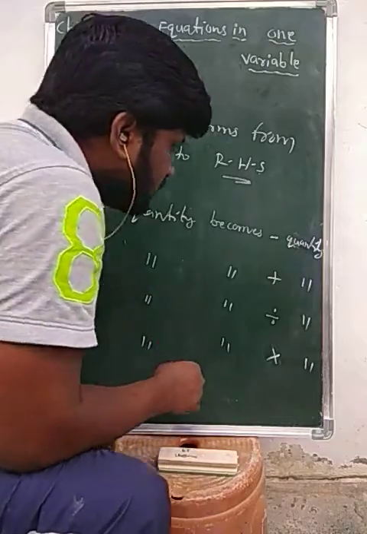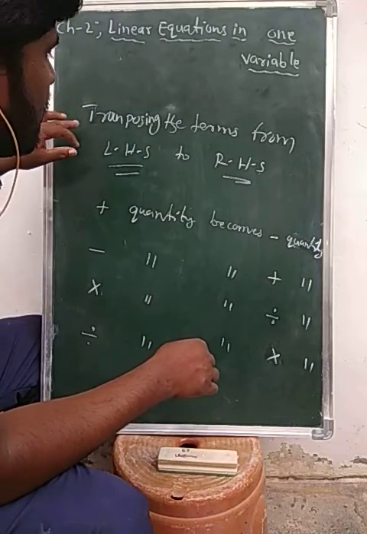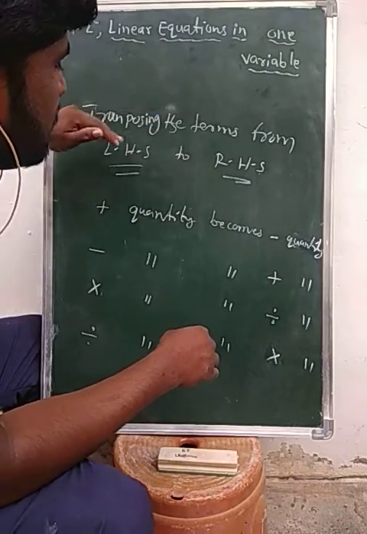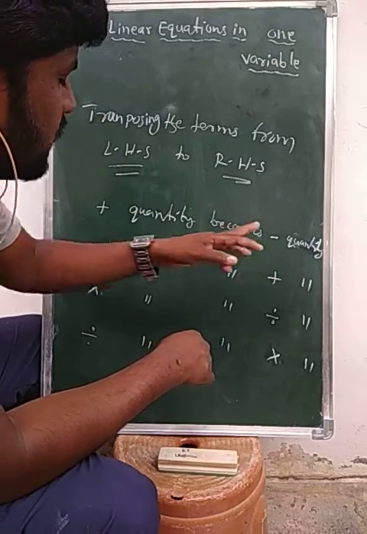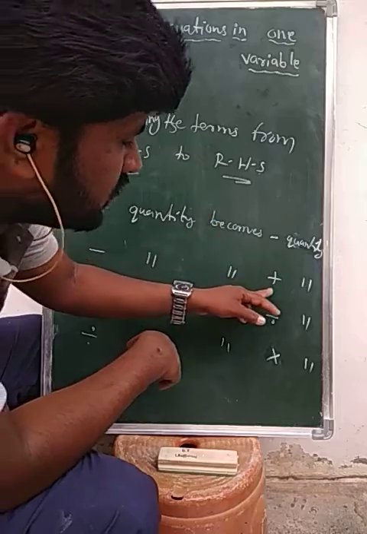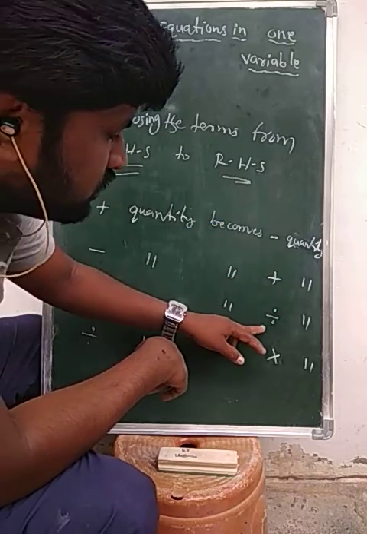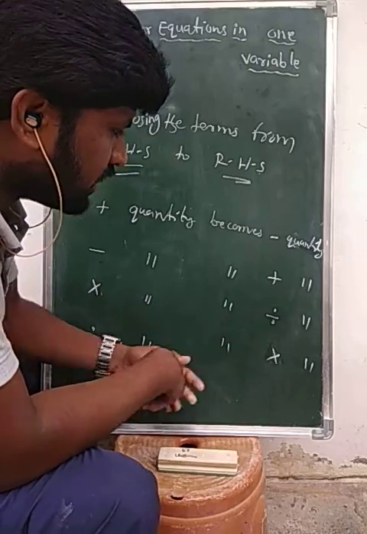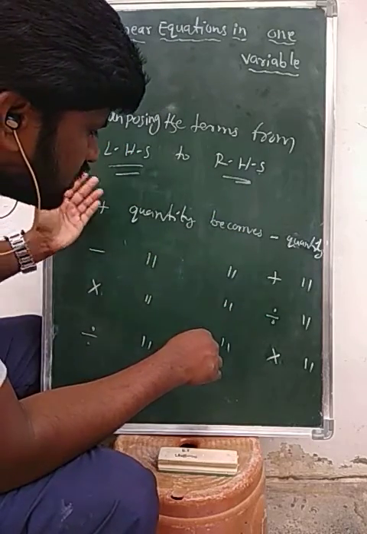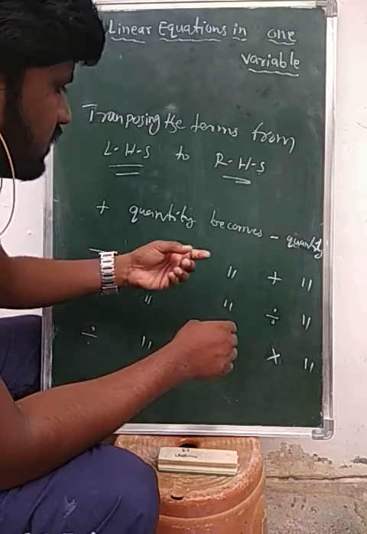So this is important. While we are transposing the terms from LHS to RHS, the plus quantity becomes minus quantity, minus quantity becomes plus quantity, multiplication becomes division, and division becomes multiplication. Okay, and when transposing from RHS to LHS also, plus quantity becomes minus, like that.